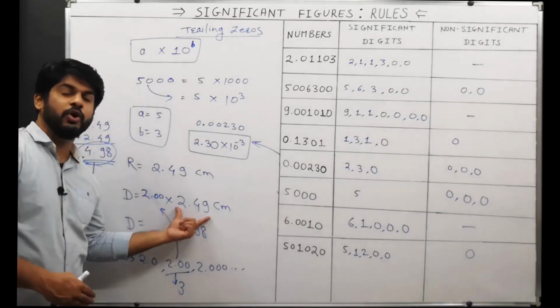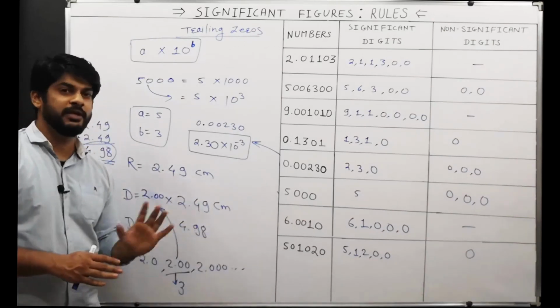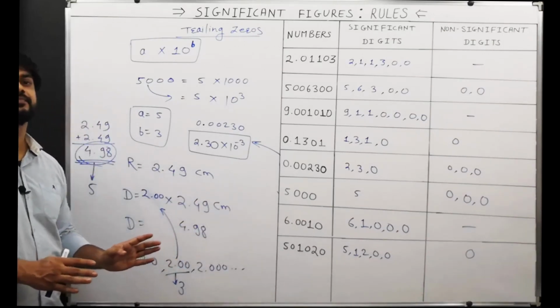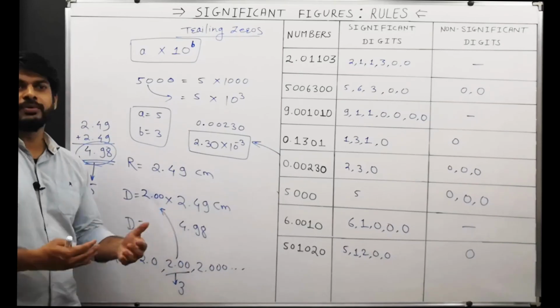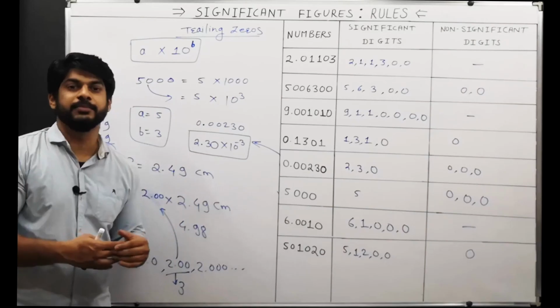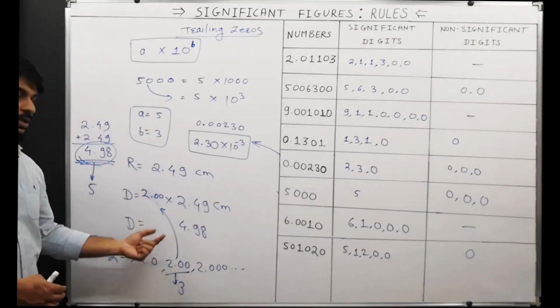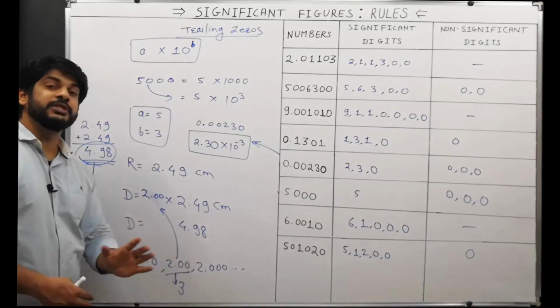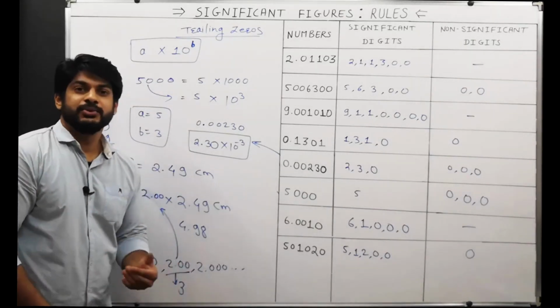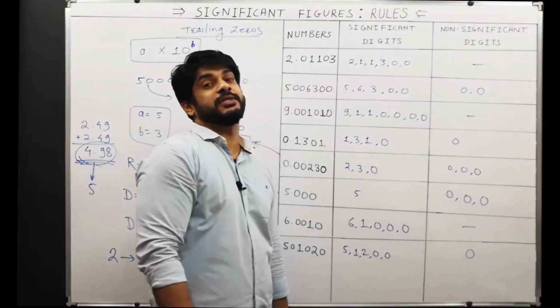We just check here what we are multiplying with. Or maybe if you are adding, we will check how many decimal places are there in the other number, according to which we will change this number. We will increase the number of significant figures. So that is what we mean when we say infinite significant figures.